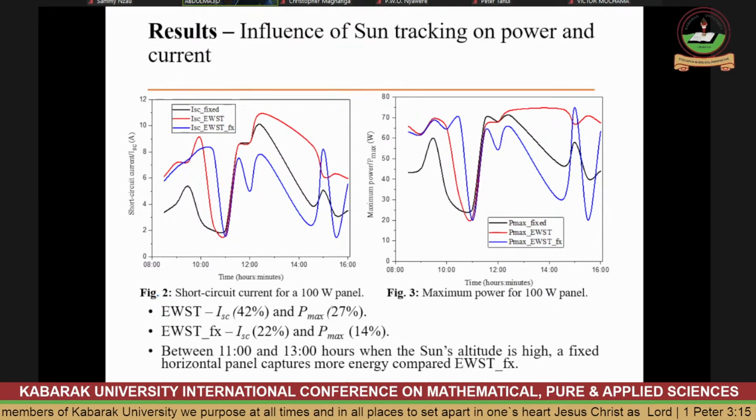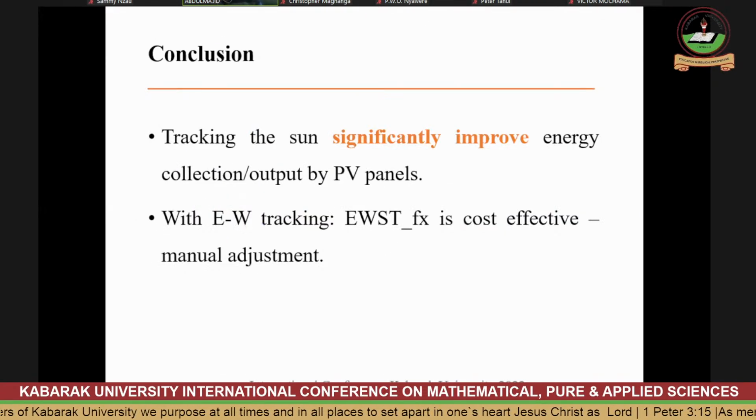Though we have less improvement in the power between 11 and 13, we still have seen some significant improvement in the energy collection as well as power output by the PV panel.